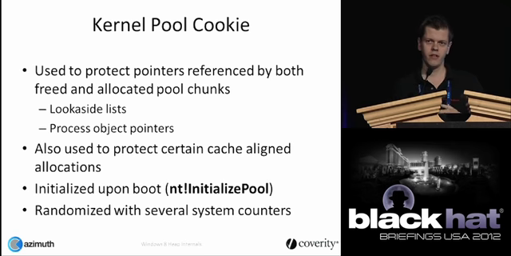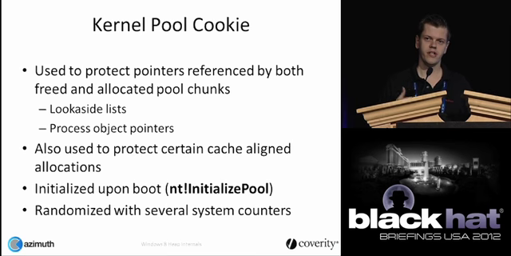One of the major mitigations that were introduced was the kernel pool cookie. This is used to protect, like I mentioned initially, various pointers referenced by the free algorithms and the allocation algorithms, such as in the lookaside lists, or process object pointers.